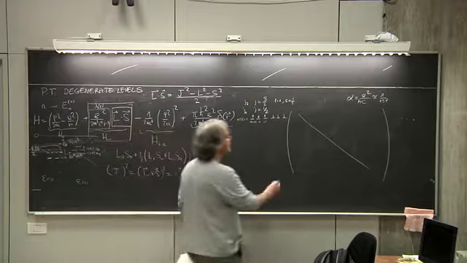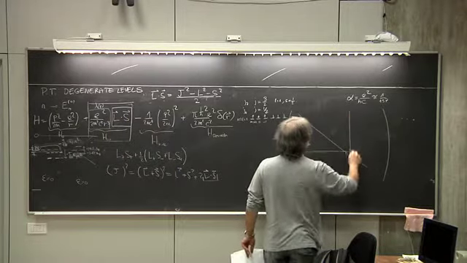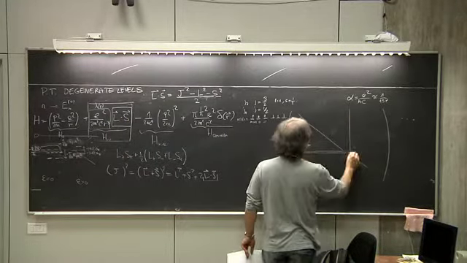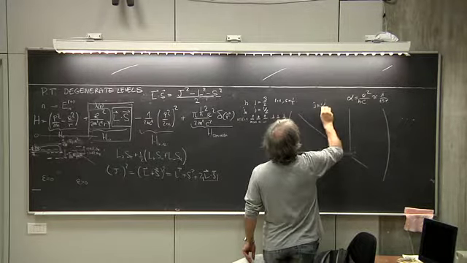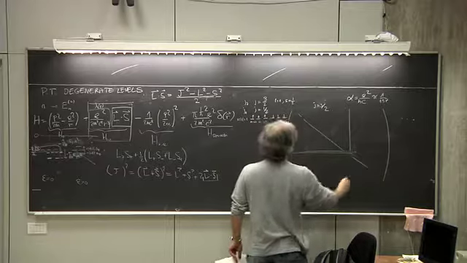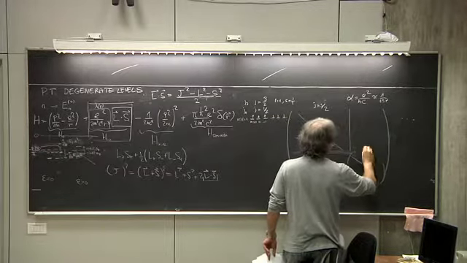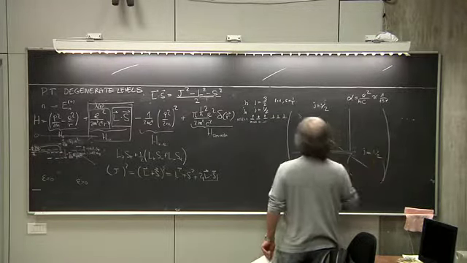For instance, the 4 states that are associated to J equal to 3/2, and the 2 states associated to J equal to 1/2.